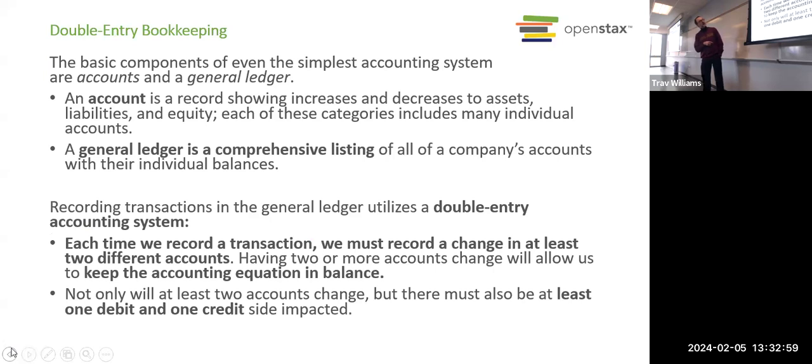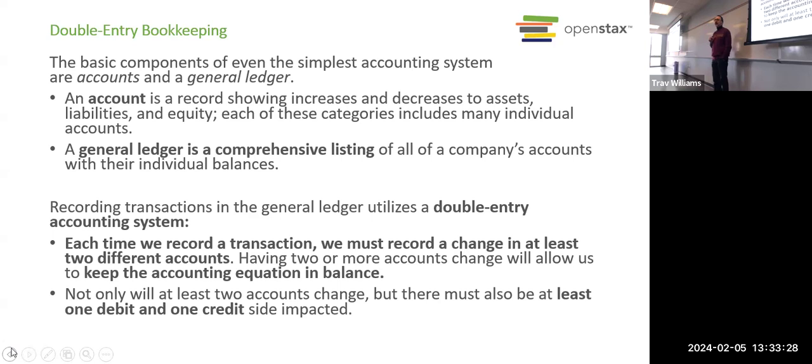So here are some terms that we'll be using. Account. An account is basically a name and a number that are used to keep track of transactions related to that particular thing. Like any company would have a cash account where they keep track of how much cash they have in the bank.